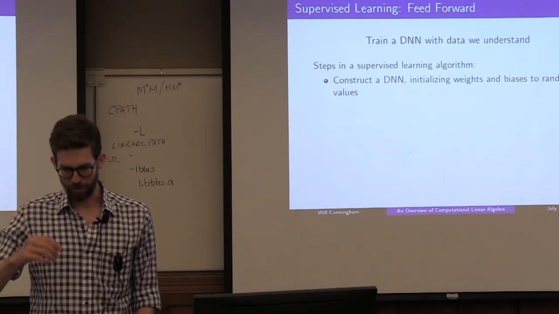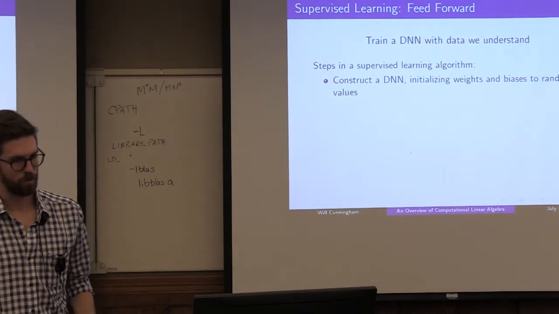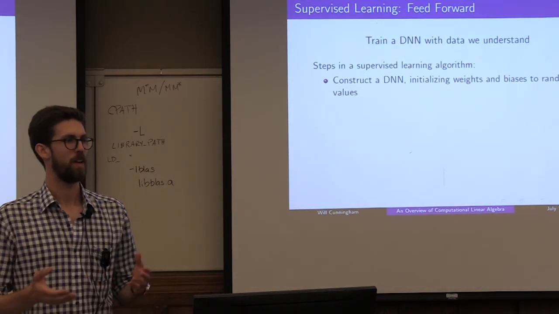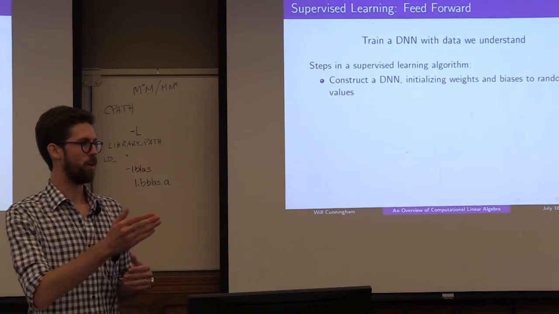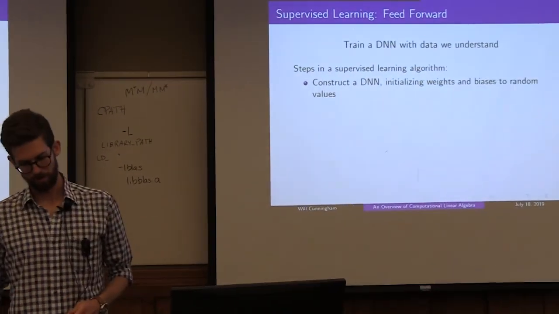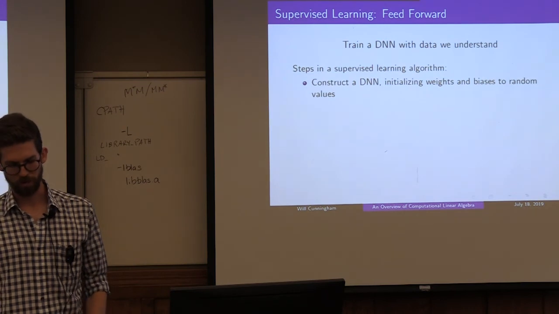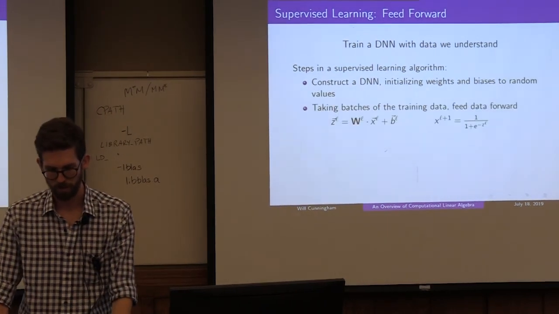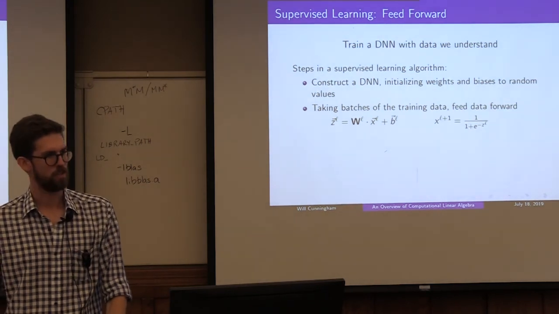So let's look at the feed-forward step. First we're going to train it with data that we understand, where we have data and we know, given all of our different bins for the outputs, which one it should end up in. So first we construct this neural network. We initialize the weights and biases to random values, and then take batches of training data.